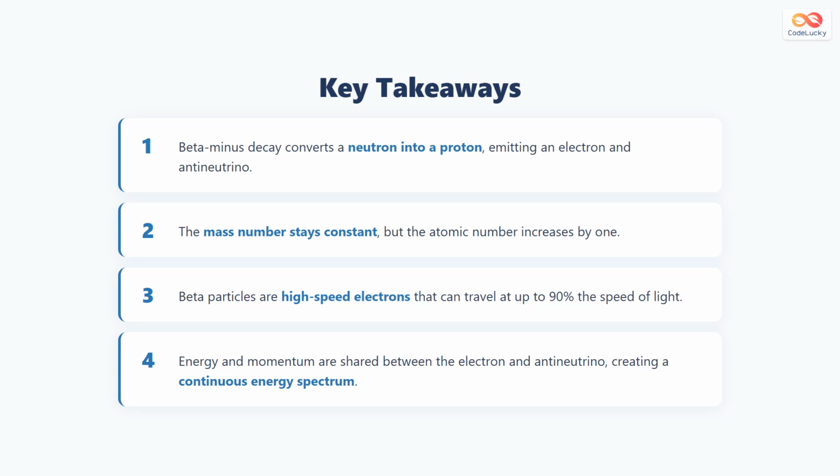And fourth, the decay energy is shared between the electron and antineutrino, creating a continuous energy spectrum rather than discrete energy levels. Understanding beta decay is essential for comprehending radioactive processes, nuclear stability, and applications like medical imaging and carbon dating.